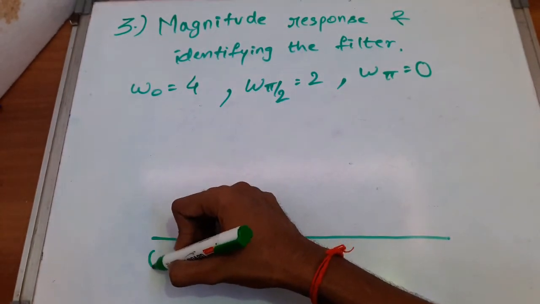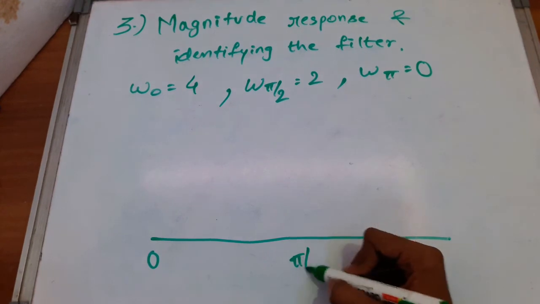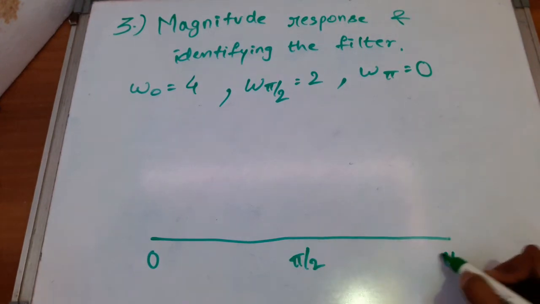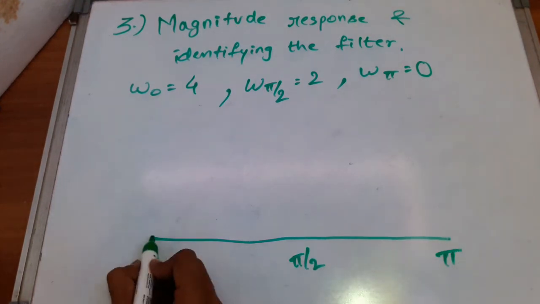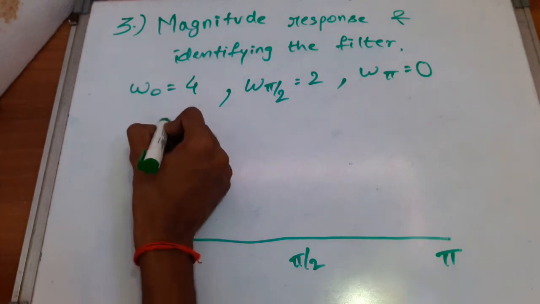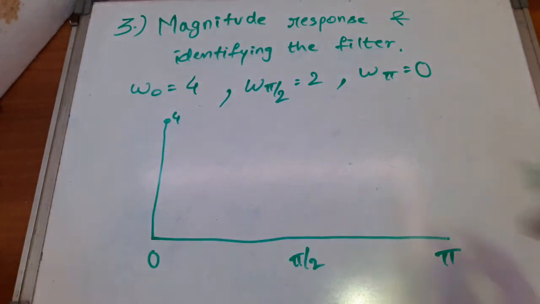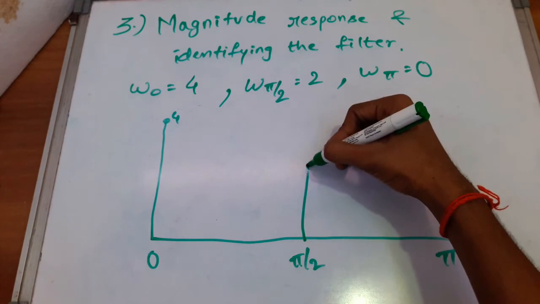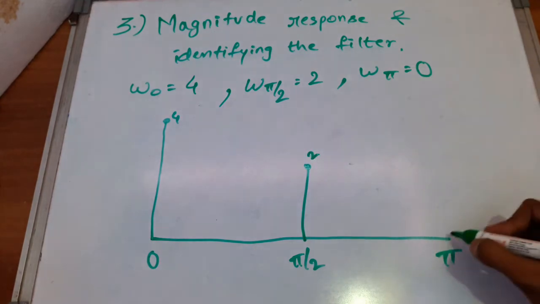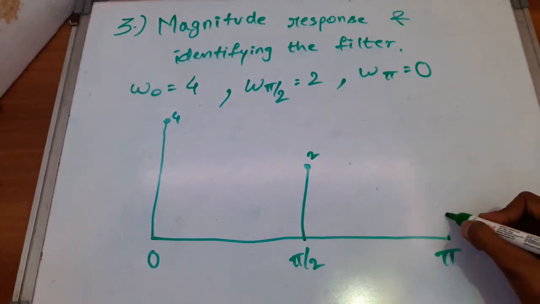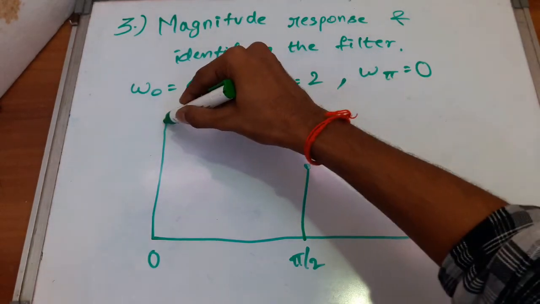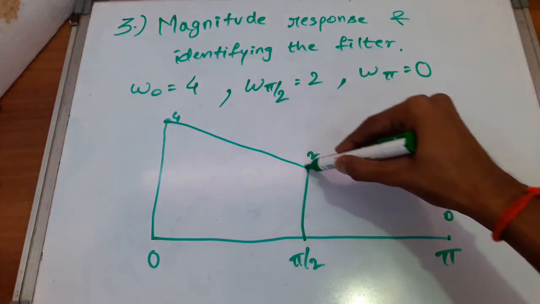This will be 0, this will be pi by 2 and this will be pi. At 0 we have 4, at pi by 2 we have 2 and at pi we have 0.